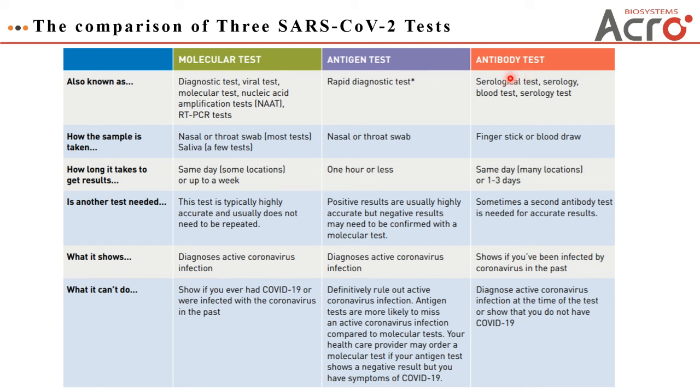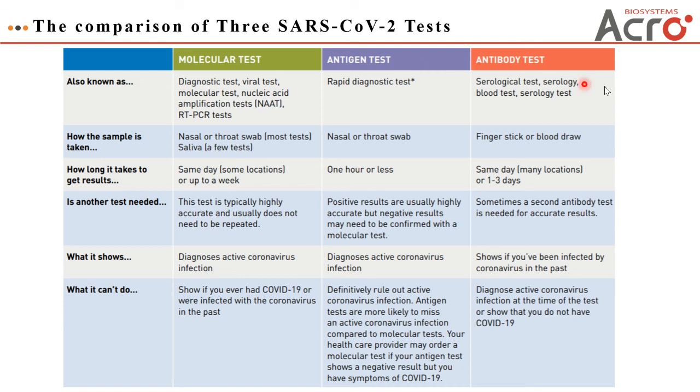The molecular test is typically highly accurate and can be used to diagnose active coronavirus infection, but it requires equipment and laboratories to conduct the experiment, and it usually takes 1 to 3 days to get the results. The antigen test can be used to diagnose acute infection, and it only takes 15 to 30 minutes to get the results, but sometimes it may give a false negative outcome.